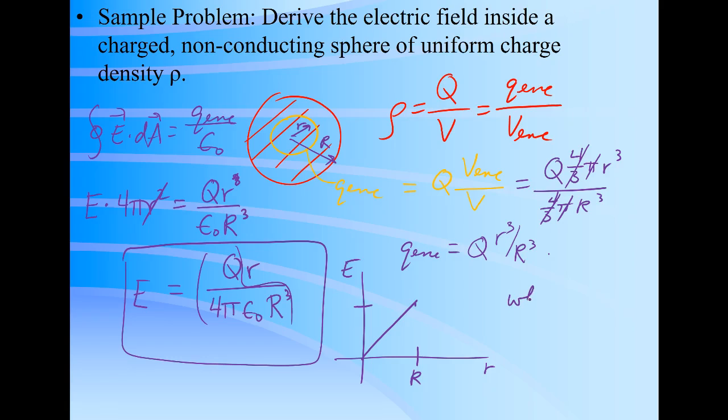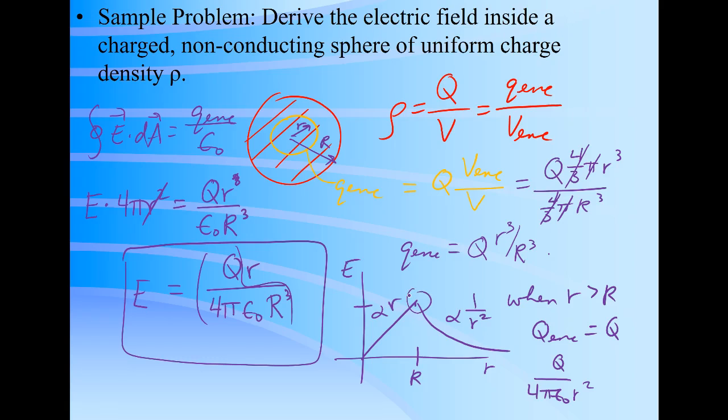And then when little r is greater than big R, Q enclosed is just the total charge Q of the sphere, and so we just get basically Q over 4 pi epsilon naught, big R, little r squared. Okay, so it's proportional to 1 over little r squared here, and proportional to r right there.